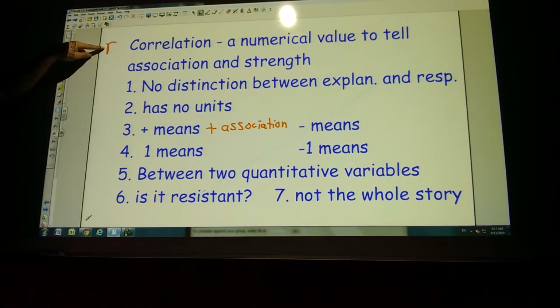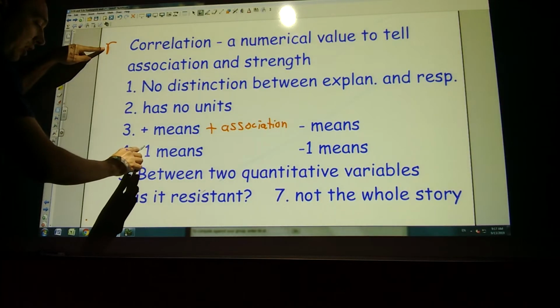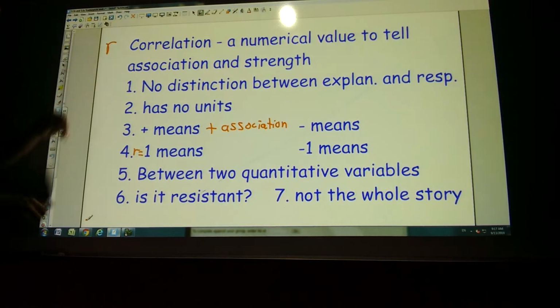If R equals 1, then it's telling you our scatter plot is a perfect line, and it is in the positive slope direction. If it is negative 1, then it is a perfect line, but it has a negative slope.